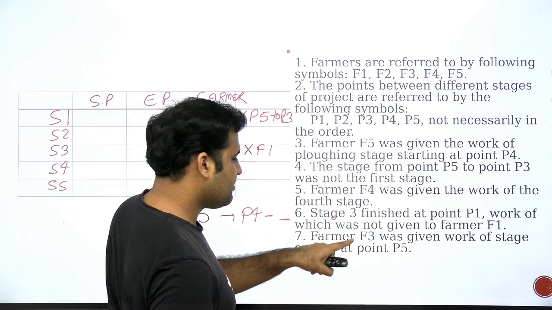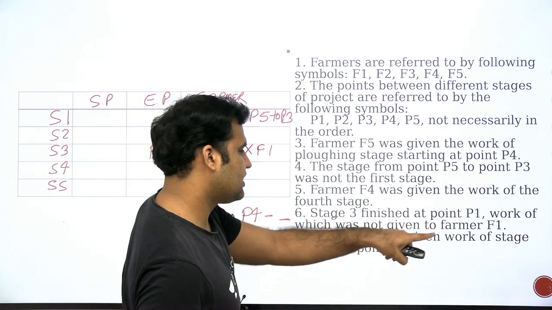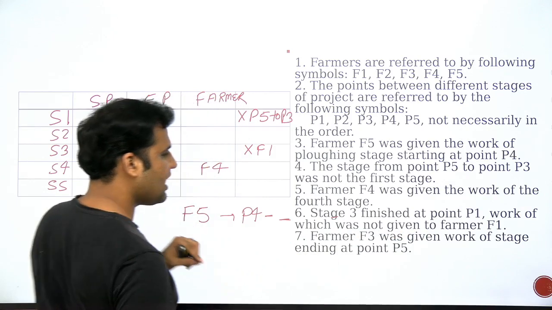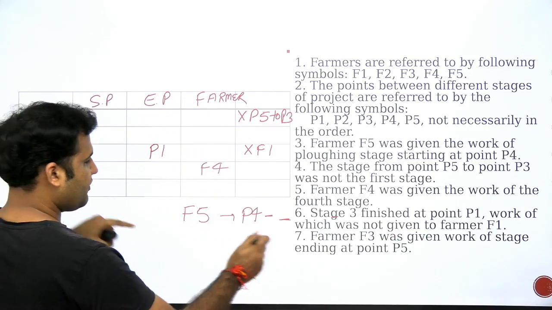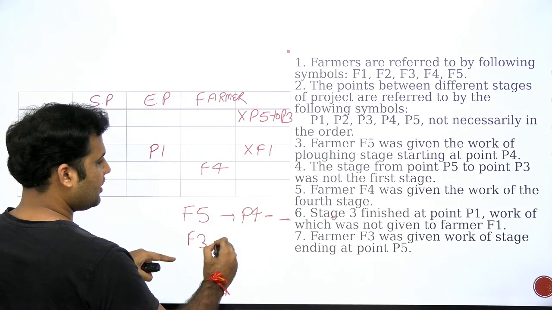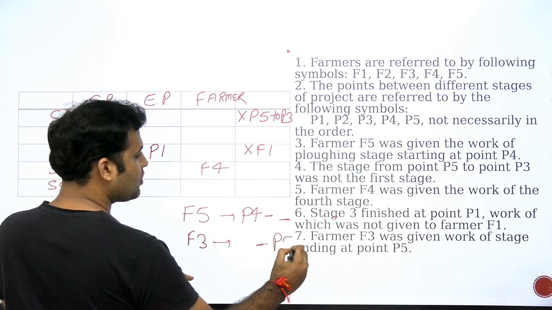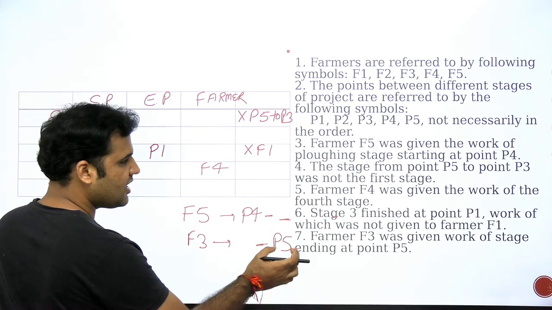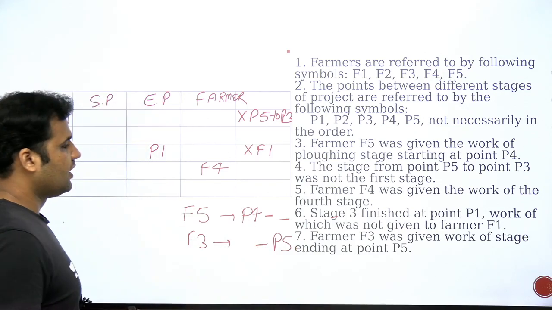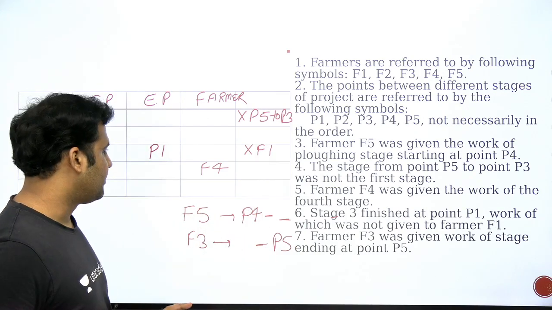Okay. Farmer F3 was given work of stage ending at point P5. Farmer F3 was given the work of stage ending at point P5. We do not know where this stage is starting, but it is ending at point P5. These are the information that we have now.